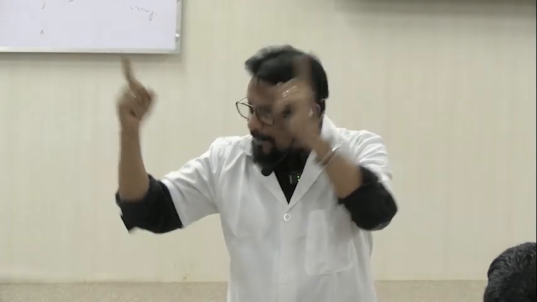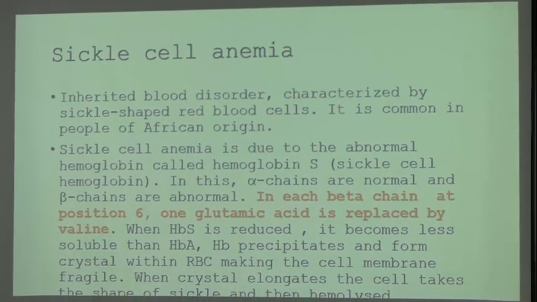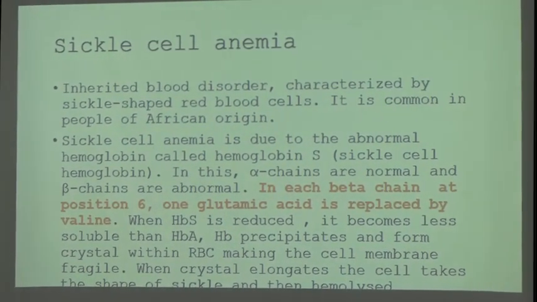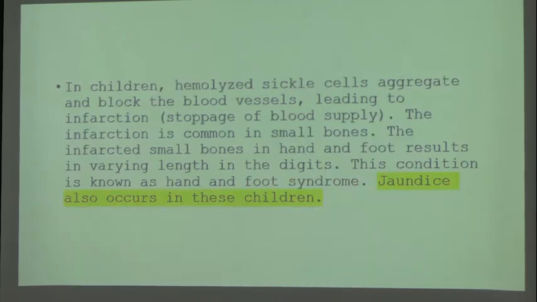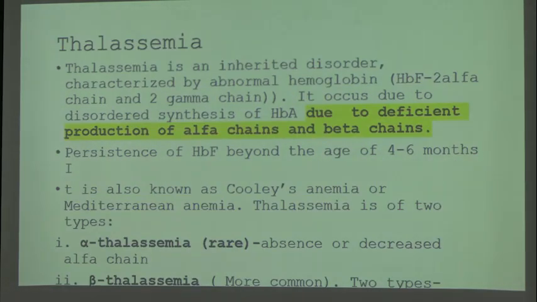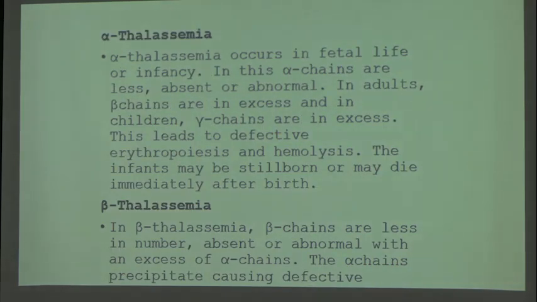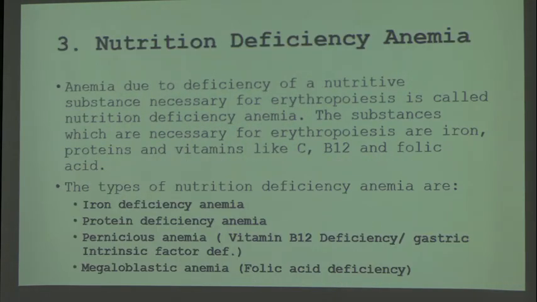But in case of minor, only one parent has the faulty gene, producing a faulty beta chain. These faulty RBCs having faulty chains are also hemolyzed in the blood. Thalassemia: alpha thalassemia is rare, beta thalassemia has two types, beta major and minor.